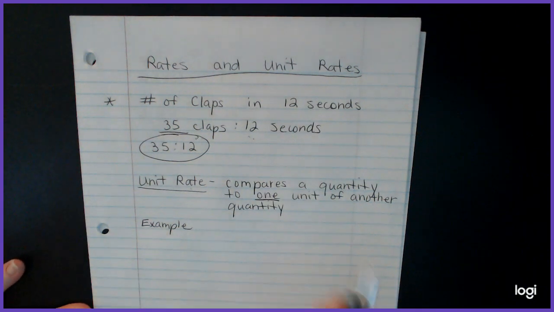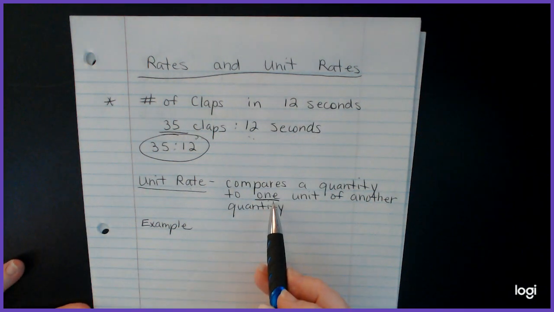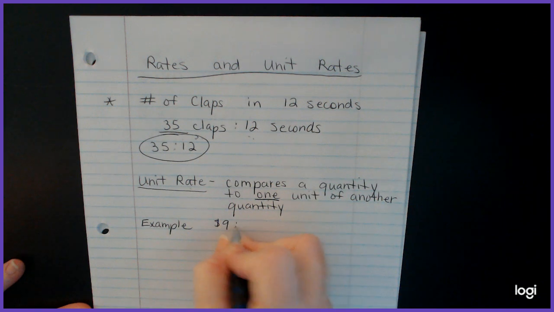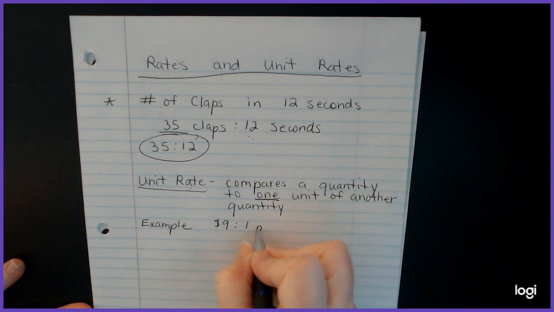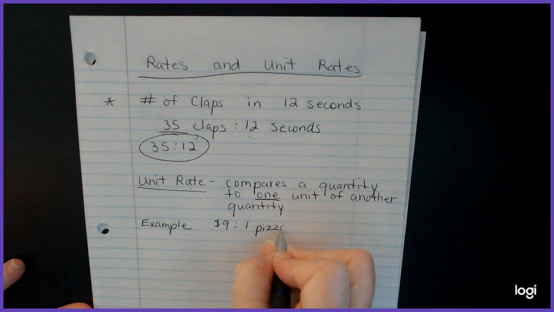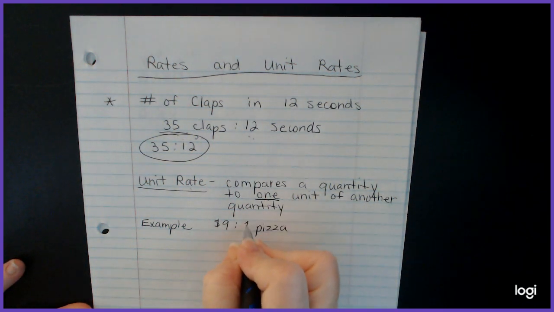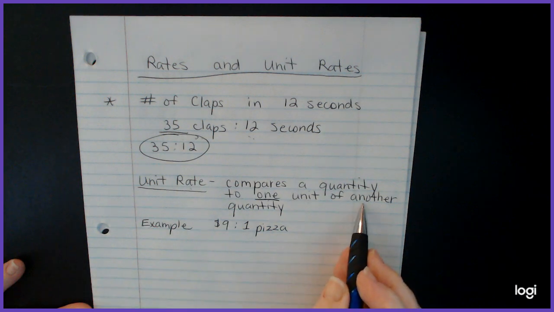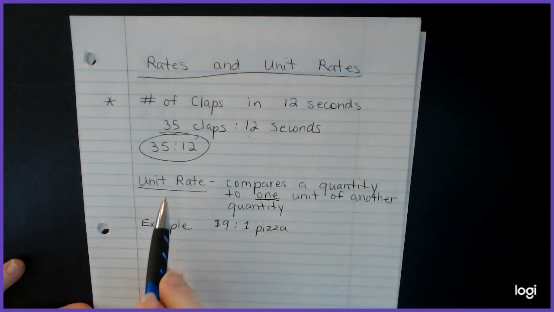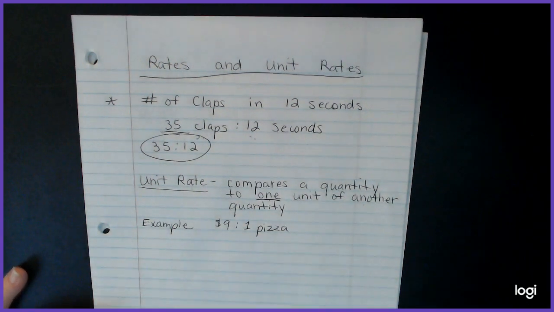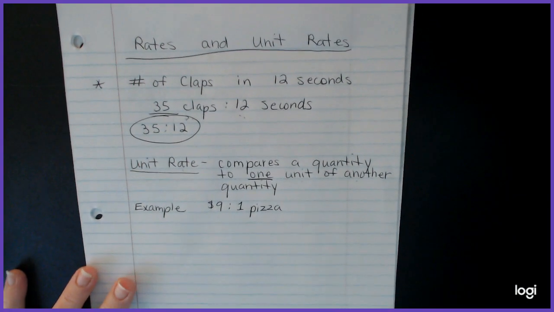So for example, I could say that it is $9 for 1 pizza. Okay, I have 1 unit here for my 1 pizza, and I'm comparing it to another quantity of $9. This would be considered a unit rate. $9, 1 pizza.